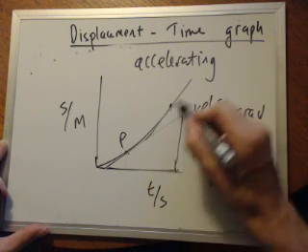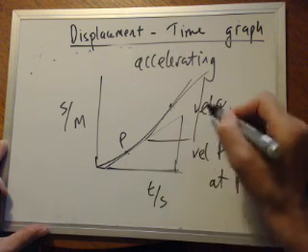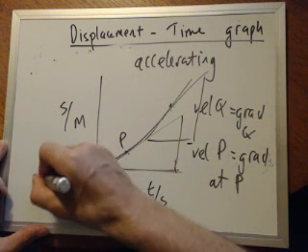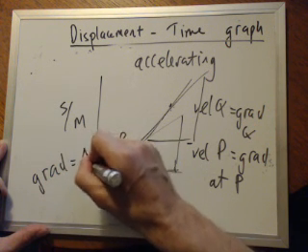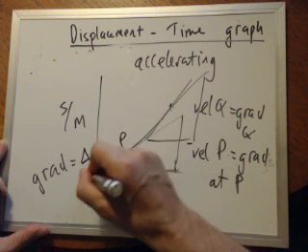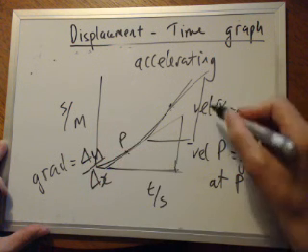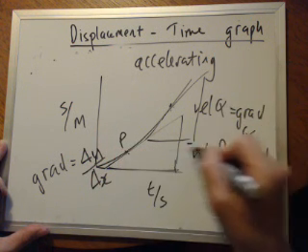So we draw another of our triangles, and of course the gradient is equal to the change in y divided by the change in x. So that will be the y direction divided by the x direction.